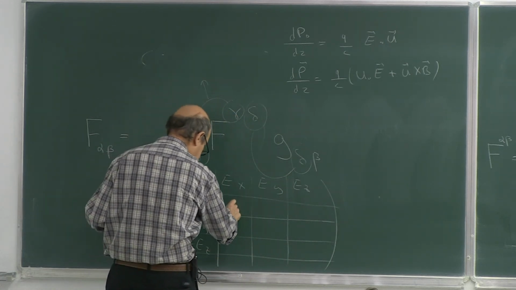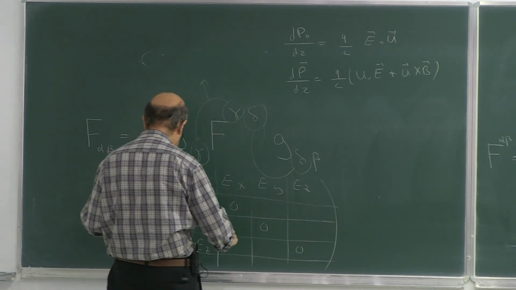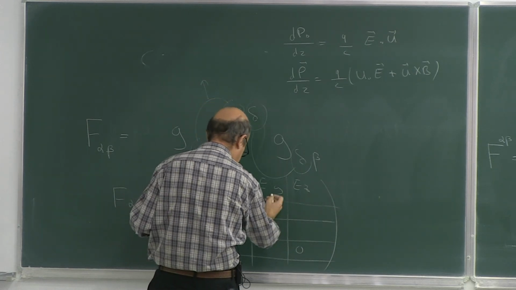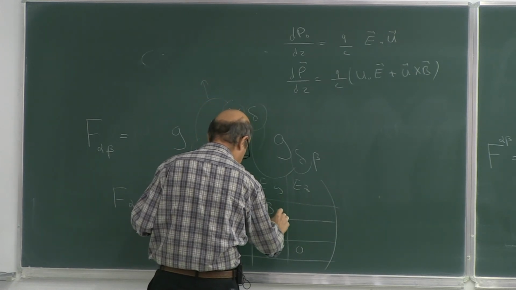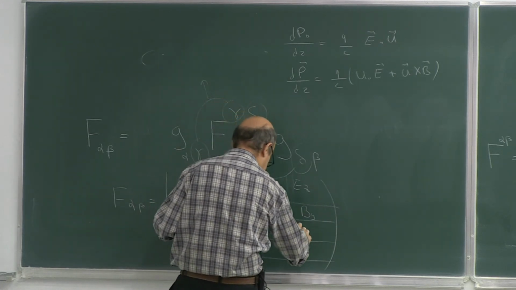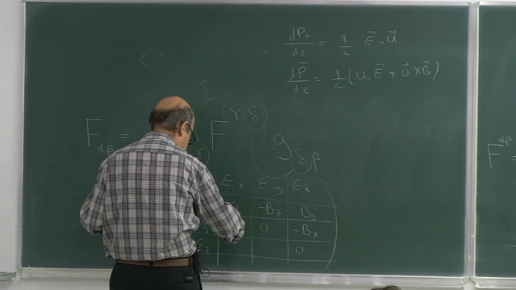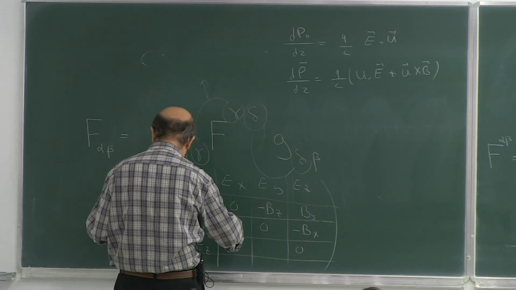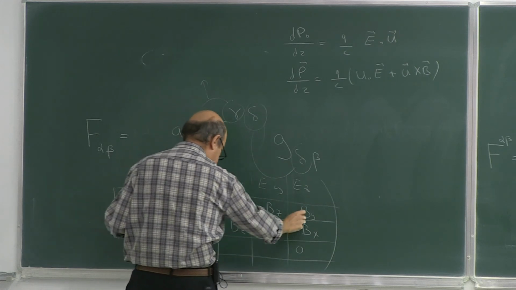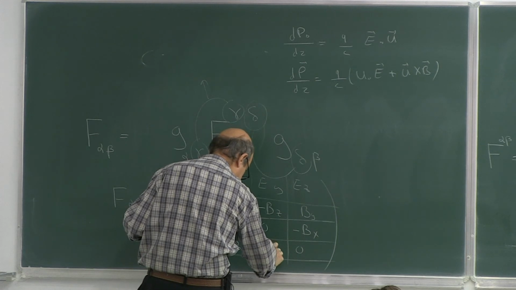All diagonals will be 0. It's an anti-symmetric matrix, and this will be minus BZ, and this is BY, and that is minus BX, and this is the reflection with the minus sign with the diagonal, so that is BZ, and that is minus BY. This is minus BX, that should be plus BX.